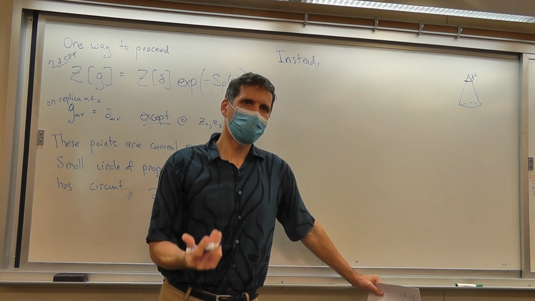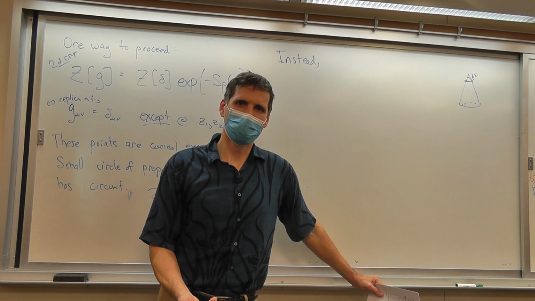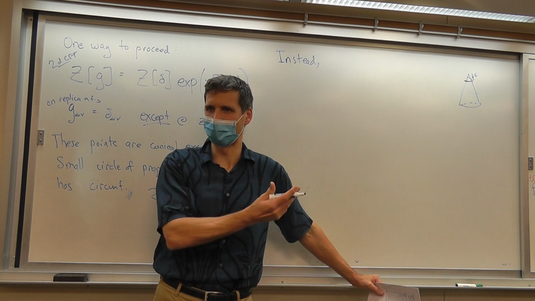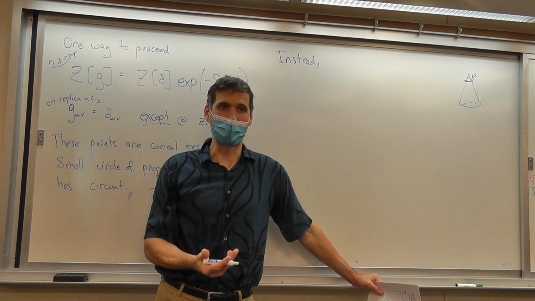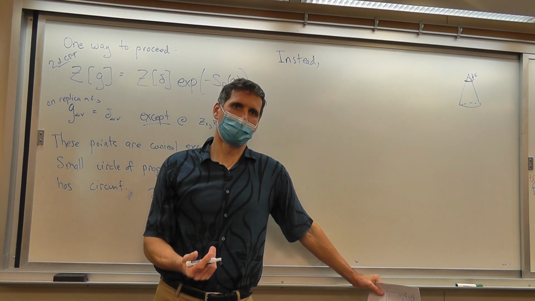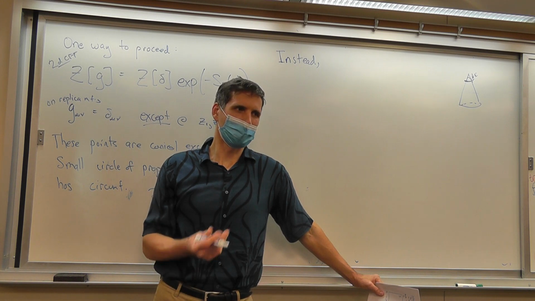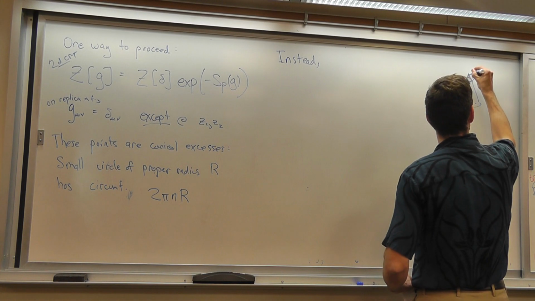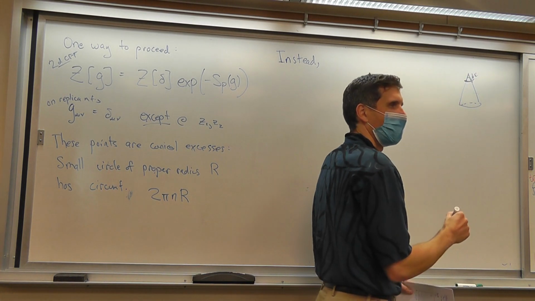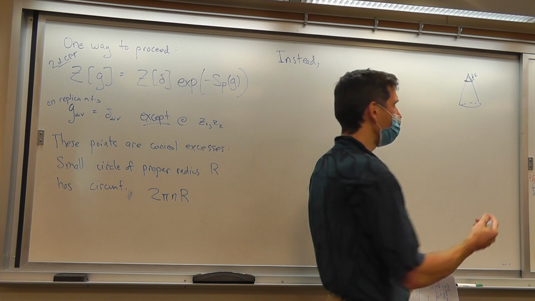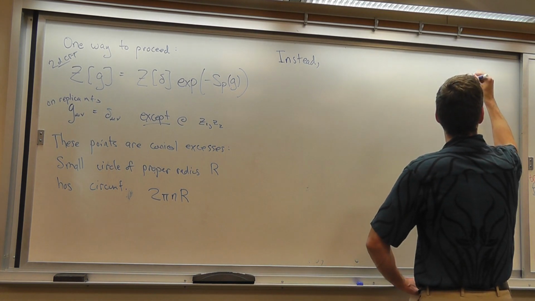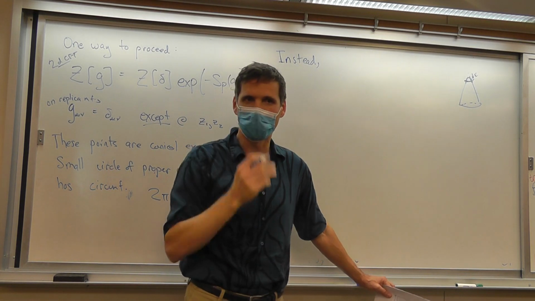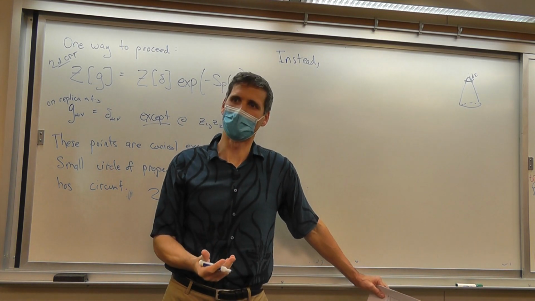But when you couple a quantum field theory to gravity, gravity doesn't let you stick singularities in places because they don't satisfy the Einstein equations. So as I hinted at on the homework, this pointy manifold does not satisfy the Einstein equations. So when you couple a quantum field theory to gravity, it actually does this smoothing for you because the manifold back reacts and smooths things out for you.